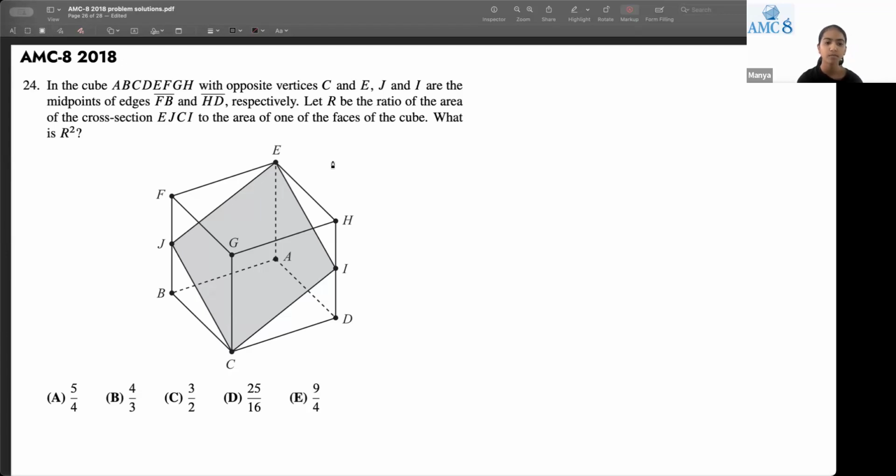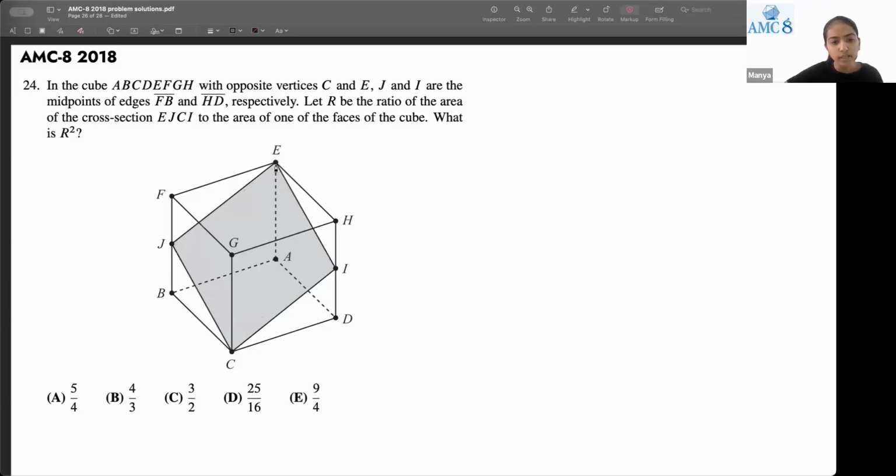So they're asking us to find what this area is, and then we're going to have to turn this into a ratio form of this area to the total area of the cube. Or yeah, the total area of one of the faces of the cube.